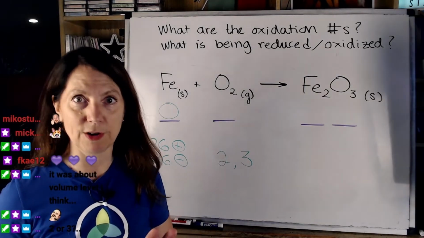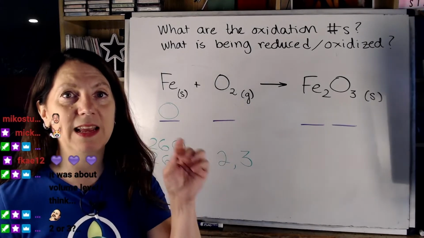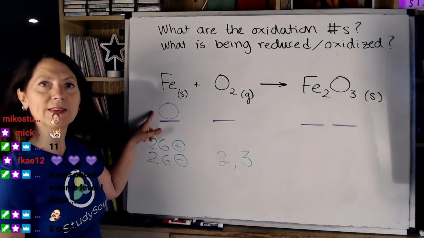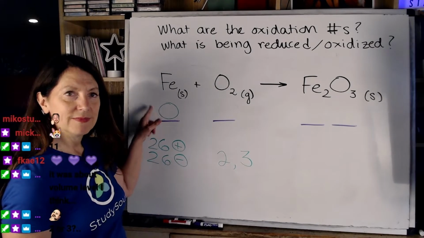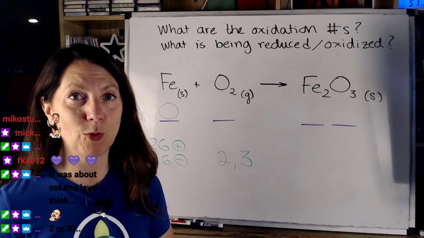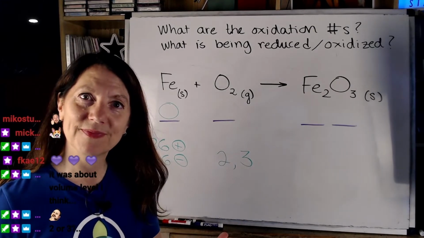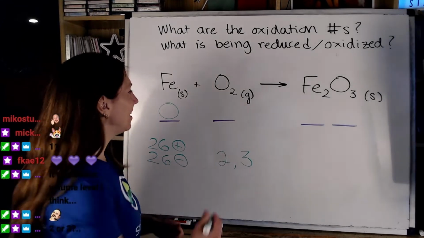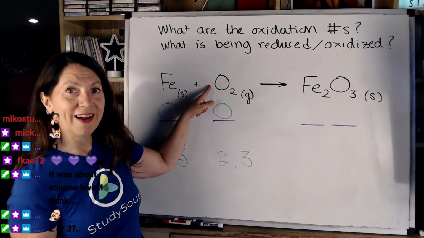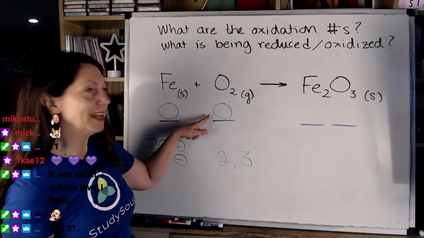Oxidation number of 0 is true for any atom in its elemental form. Okay, so that would be true for this iron here. What about oxygen? Oxygen here is pure oxygen in its elemental form. So once again, 0. And I know oxygen is an O, and this is a 0. Those are different. This is a number, the number 0.